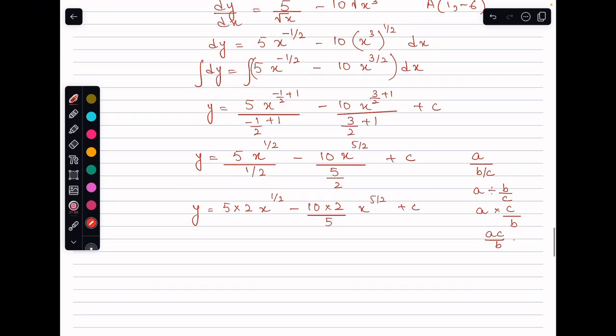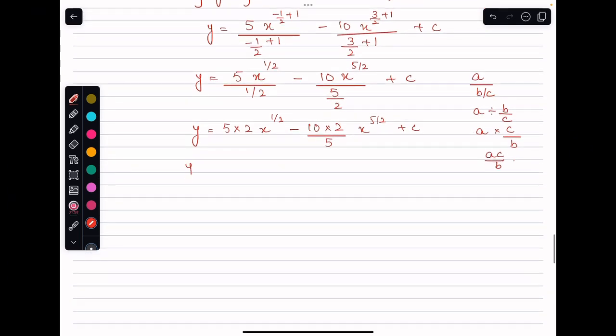So solving it further, y equals 10 x to the power 1 by 2, minus 4x to the power 5 by 2, plus c. So this is then going to be the equation of the curve here.